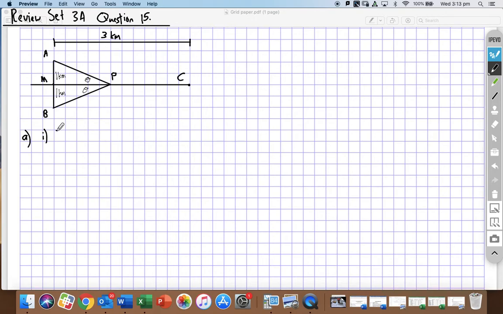So we'd have 5 kilometres of power line. And part 2, if P gets moved all the way over here to C, you still have to run power to A and B. So you'd have to run the line 3 kilometres that way. No, that's not correct, is it?